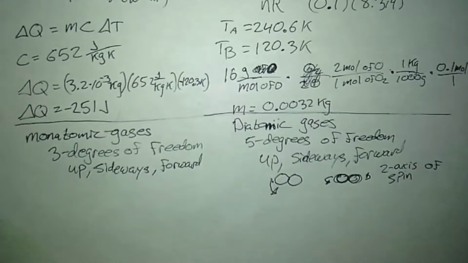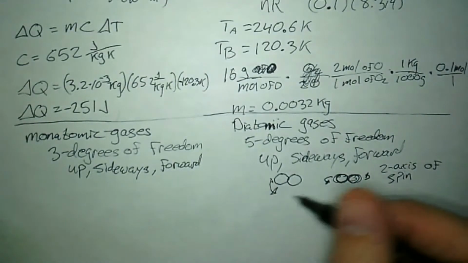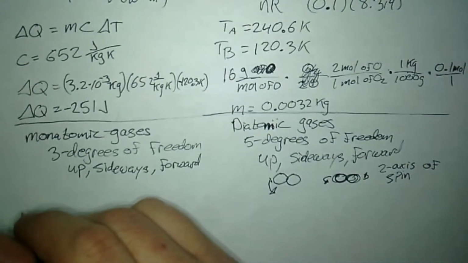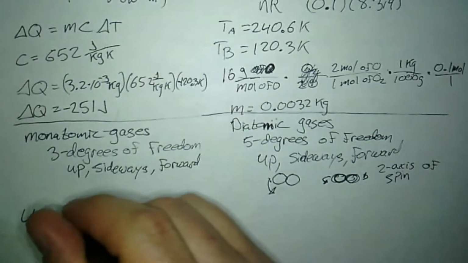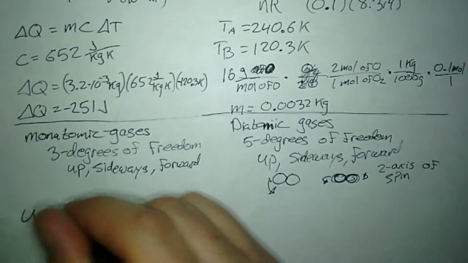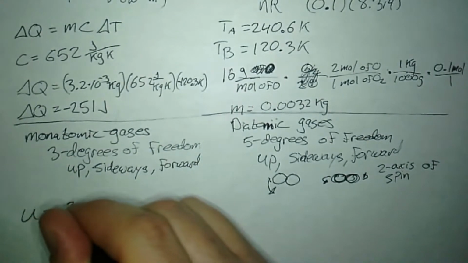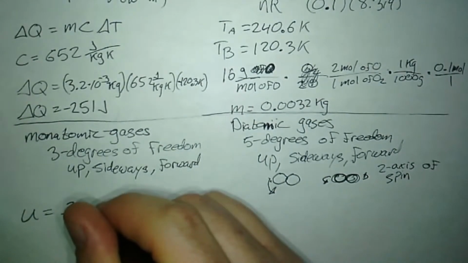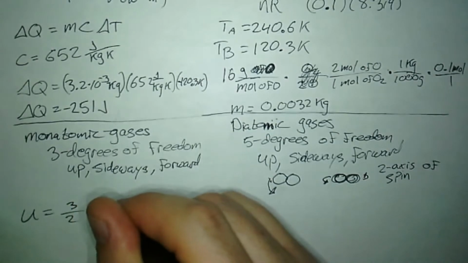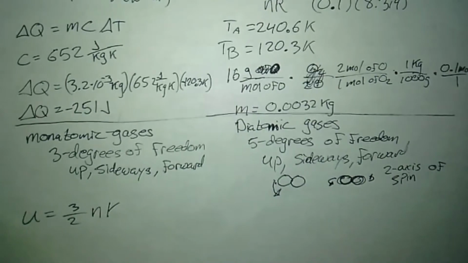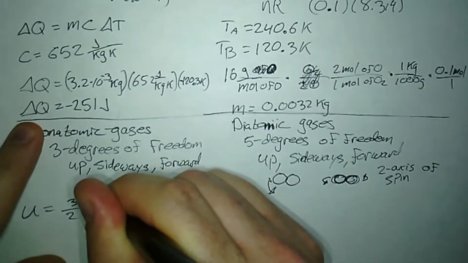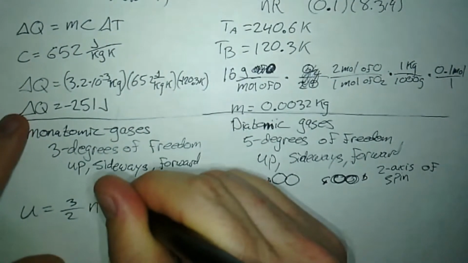So the formula for internal energy that we can use is going to be the number of degrees of freedom. On this side, it's going to be 3 divided by 2 times the number of moles times, this is supposed to be an R, not a K. I'm starting to write a K, but this is a different version, times the temperature.